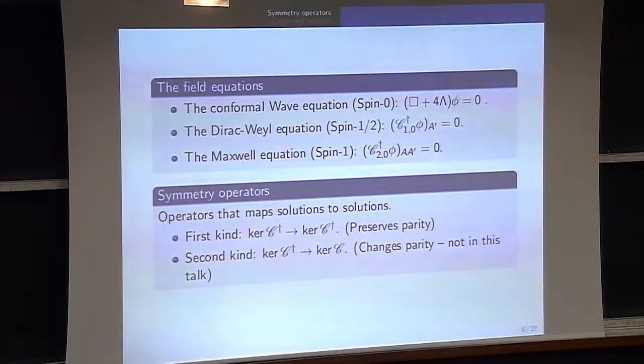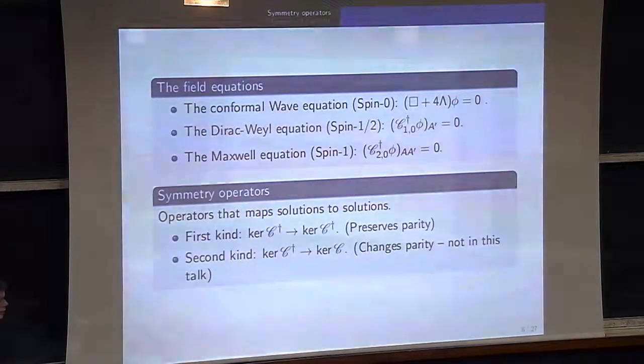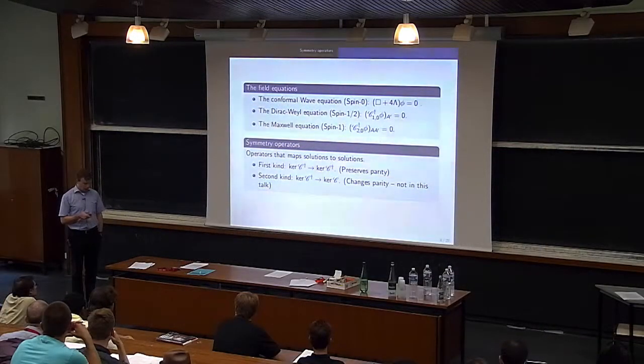Actually, higher spin also has exactly the same formula, but they don't make as much sense in a curved spacetime, because we are going to study this on a fairly arbitrary curved spacetime. We'll see what the conditions are for existence of these kinds of symmetry operators. But we'll mainly concentrate on this first kind of symmetry operators, where we just map solutions of this curl-dagger equation to the curl-dagger equation.